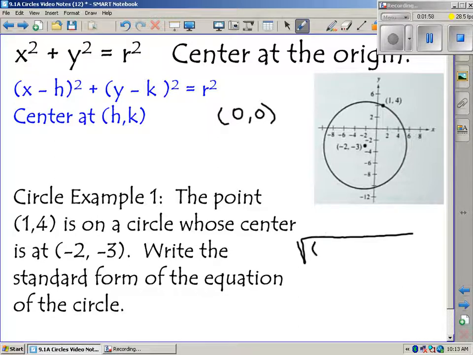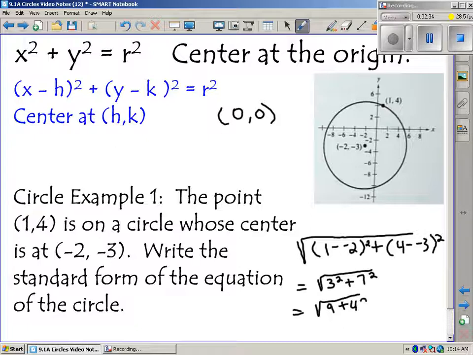And we're going to take our x's, 1 minus -2, square that, add to that 4 minus -3, and we will square that, and that is going to be equal to the square root of 3 squared plus 7 squared, and that is equal to the square root of 9 plus 49, which is equal to the square root of 58. So that's our radius.